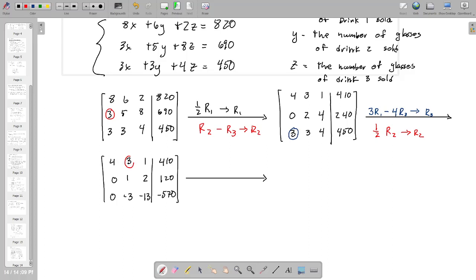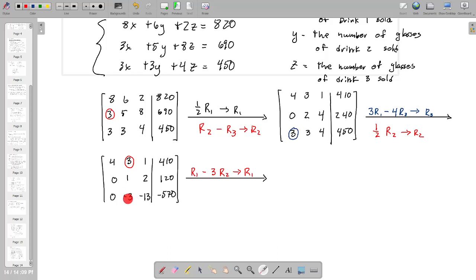So eliminating this 3 will be row 1 minus 3 times row 2, replace row 1. Now again, you want to keep this first number positive. That's why I do row 1 minus row 2 and not the other way around.